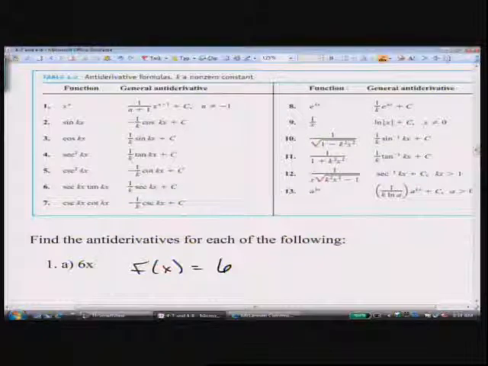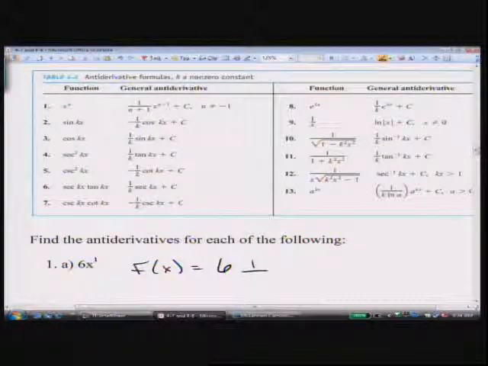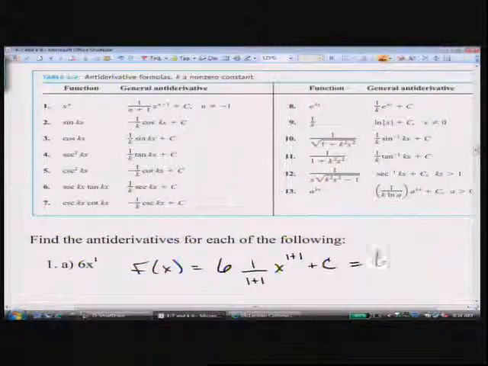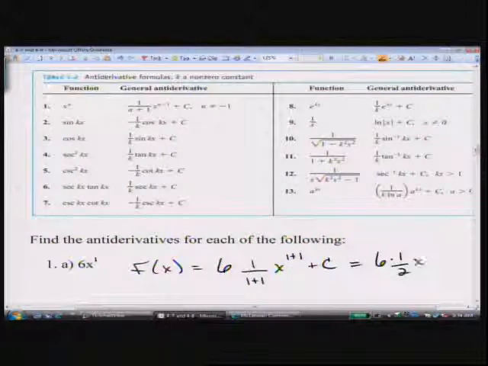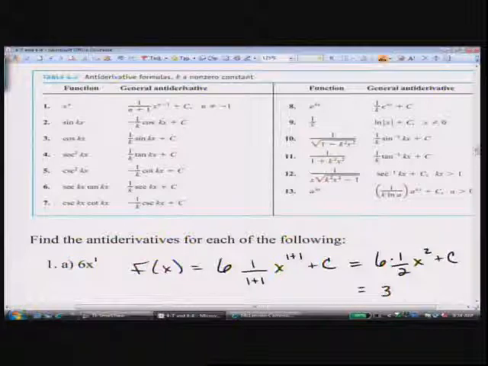So this is understood to be x to the 1. So it's going to be 1 over 1 plus 1, x to the 1 plus 1, plus c, or 6 times 1/2 x squared plus c, or 3x squared plus c, right?